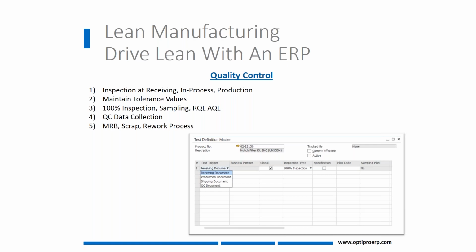So when the QA fellow goes up to do his inspection, he's doing it where the actual production took place. So we give them mobility, so it's real time, and again, downtime is minimized because it takes place on the spot.